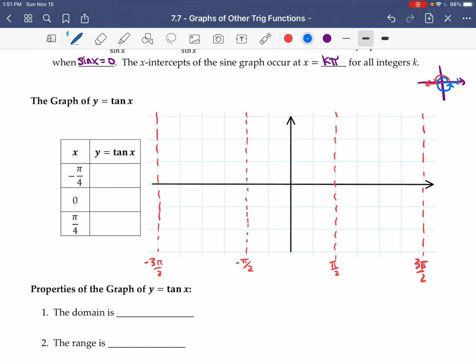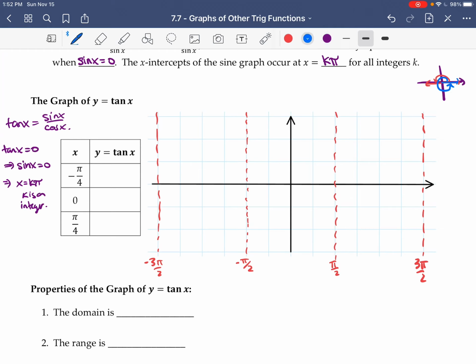So then we want to think, okay, well, what happens in between them? So we'd want to think, where is tan of x 0? Okay, so remember that tan of x is sine of x over cos of x. So that means that tan of x is 0 exactly when the top is 0. So that's when sine of x is 0. So that's at all the multiples of pi. So it's k times pi, where k is an integer.